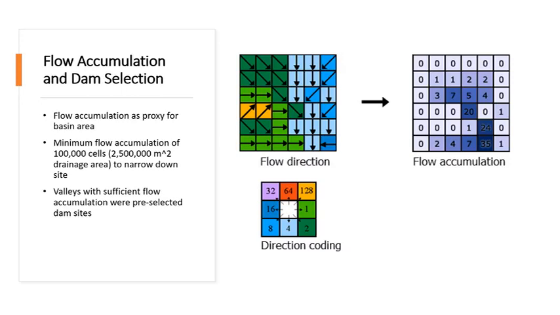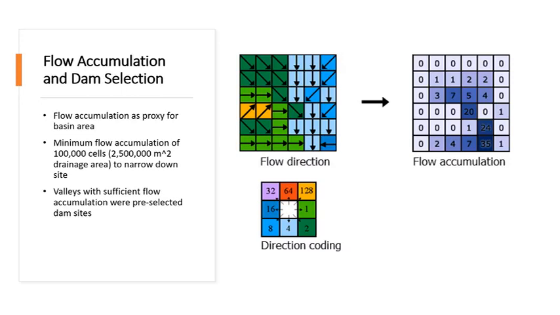And you can see here in the figure how the flow accumulation algorithm works. You essentially just compute the flow directions of each cell and then count the number of cells that end up on a certain position.